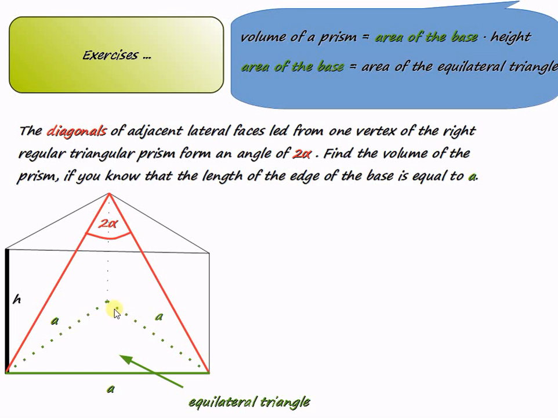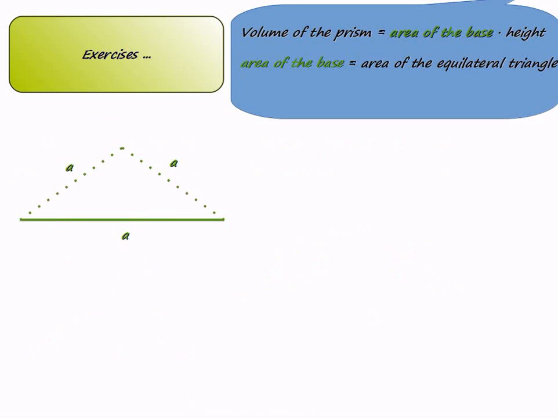So we have to take a closer look at the base, at the triangle. In order to calculate the area of the equilateral triangle, we need to know its height, its altitude, and the length of its base. So let's drop the unknown altitude from the top vertex onto the base, and let's denote it as x.